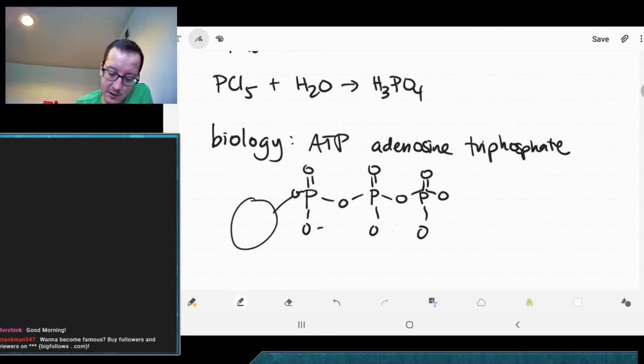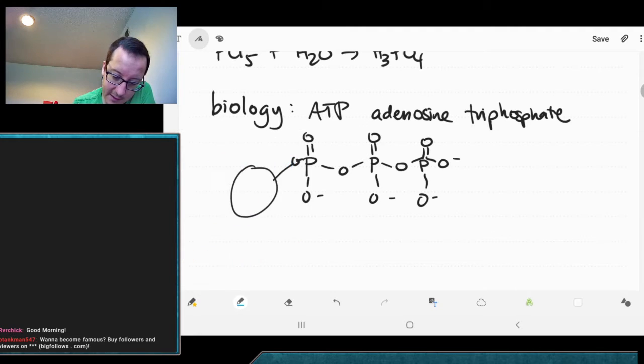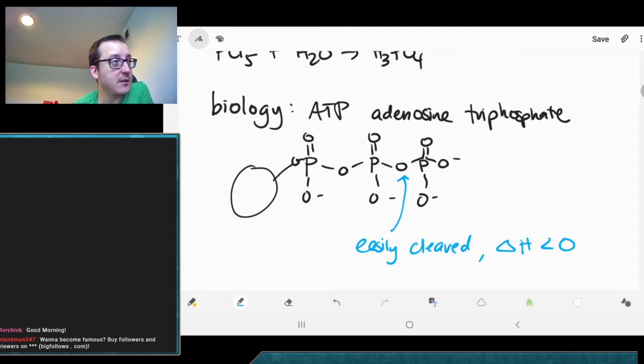These are what we use as energy sources, as you know, in the body. These bonds are very easily cleaved, with a negative delta H, so we can get energy out when we cleave those bonds. We can cleave on this side as well. And so we're going to see that phosphorus is very important for biology.